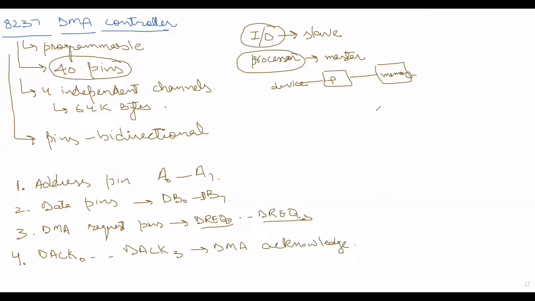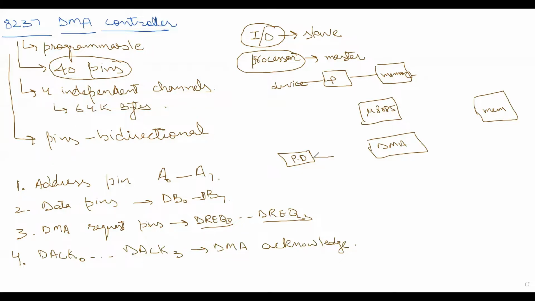So what I am saying is, let's suppose this was my microprocessor 8085. This was my DMA controller. This is a peripheral device, and this is a memory. Now what will happen if the peripheral device has to do data transfer, DMA access to the memory?